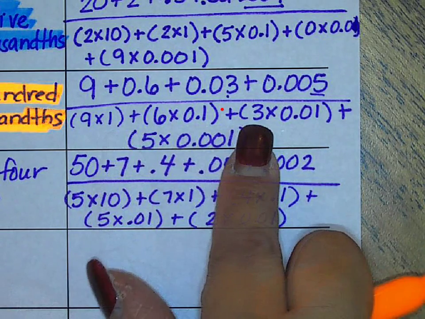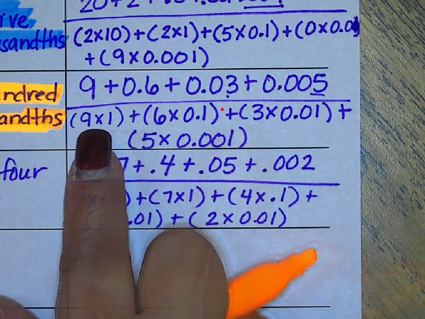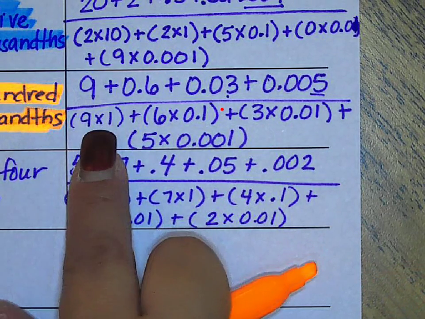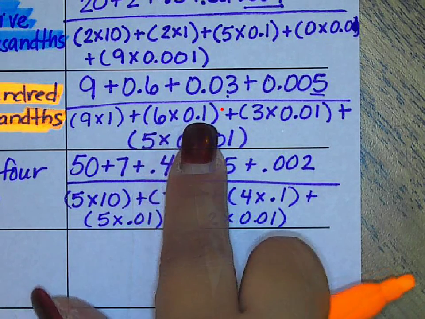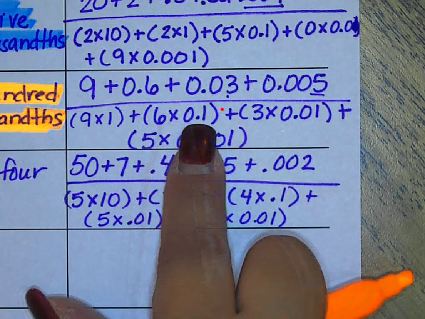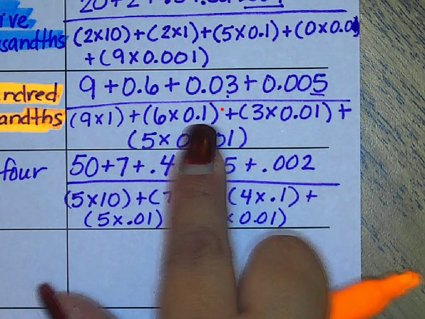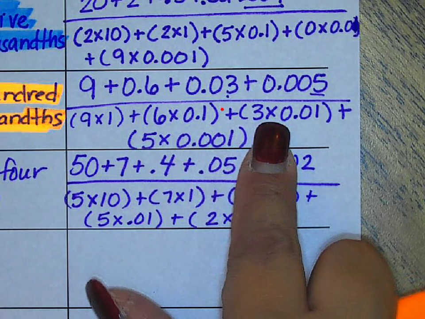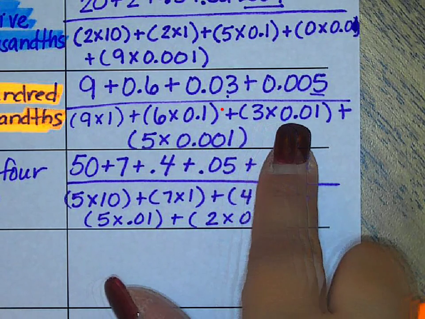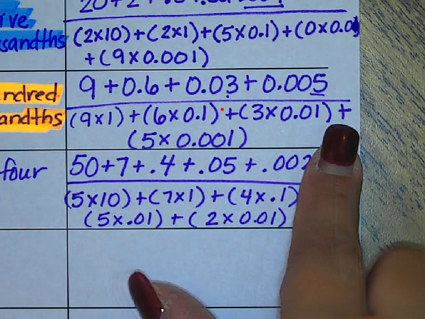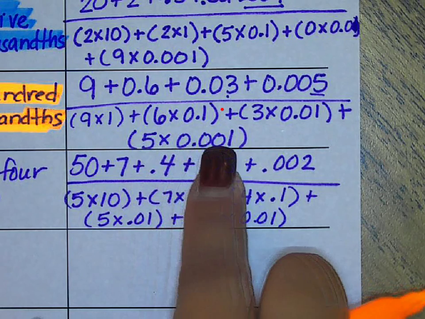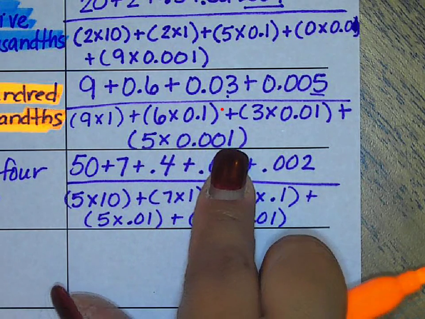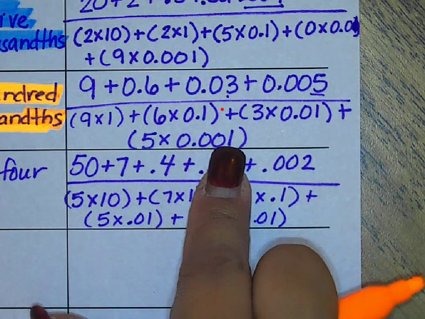In expanded notation, working with our distributive property of multiplication, this means that I have 9 ones. That's 9 times 1. I have 6 tenths, 6 times 0.1, plus 3 hundredths, 3 times 0.01, plus 5 thousandths, 5 times 0.001. Any questions on how that is written?